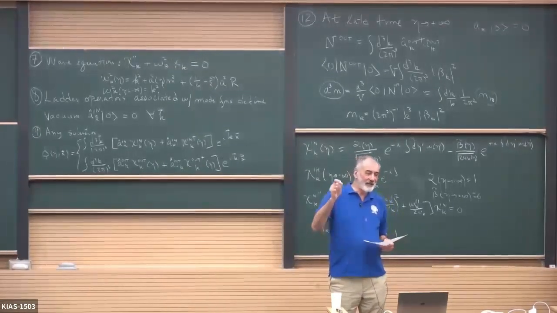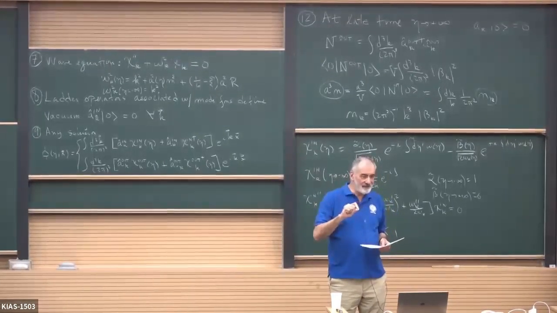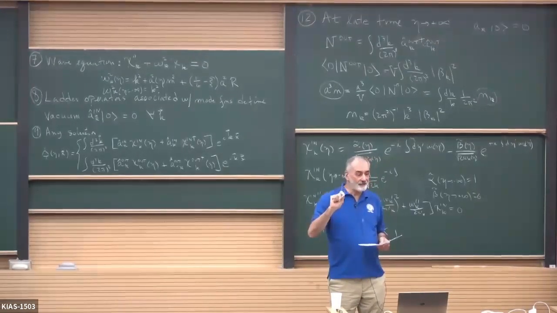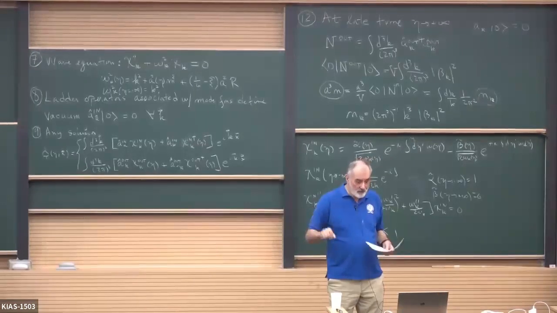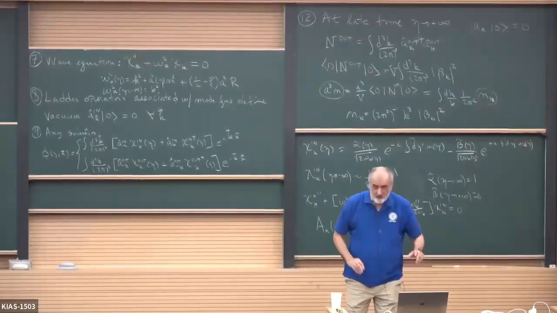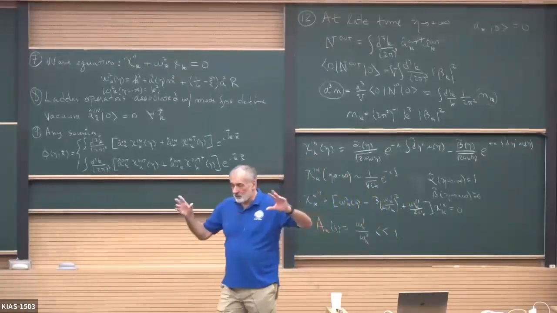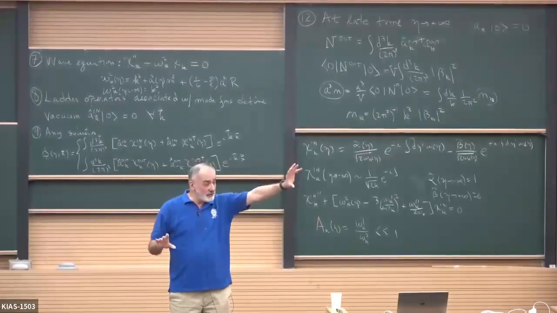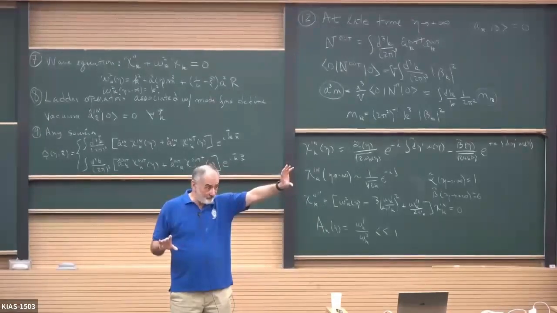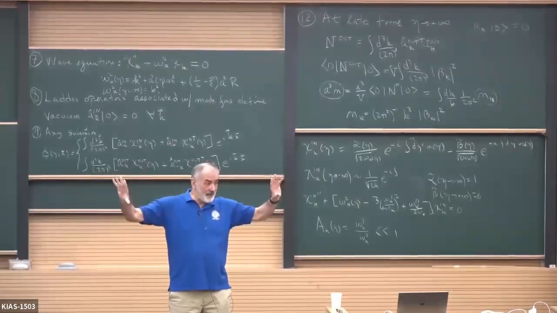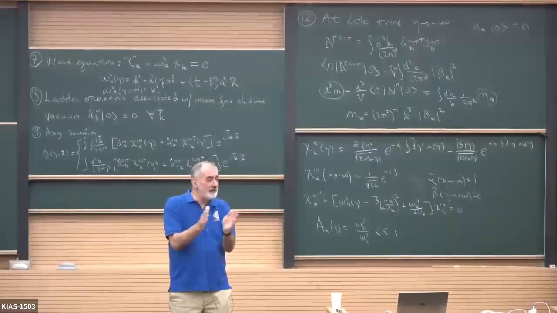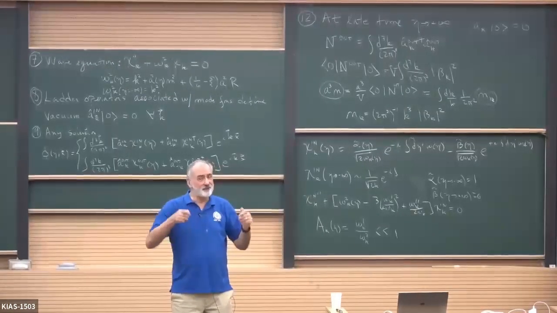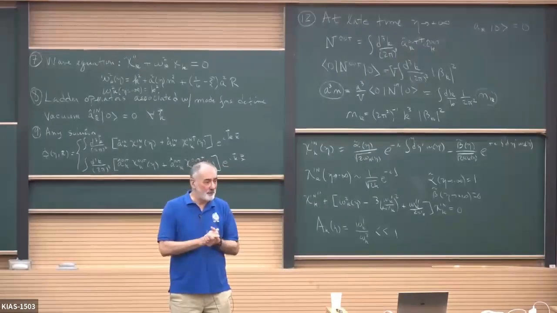You'll see that as eta goes to minus infinity, as a, the scale factor, goes to 0, A sub k will go to 0. So this is the nice thing about this cosmological model, starting with inflation, going to late times. At early times, it's adiabatic. And at late times, it's adiabatic. It's in the intervening time that it becomes non-adiabatic, and that's the signal we would interpret as particle creation.